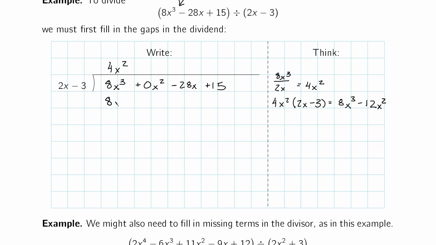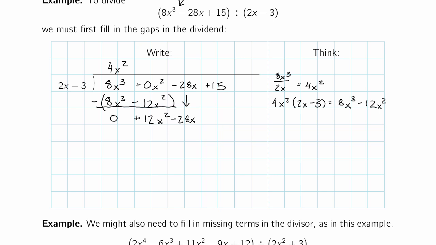Now we subtract. 8x to the third minus 8x to the third is 0. 0x squared minus negative 12x squared will be positive 12x squared. Bring down the negative 28x.